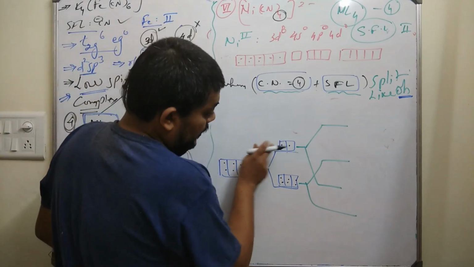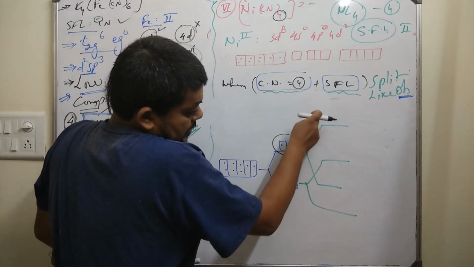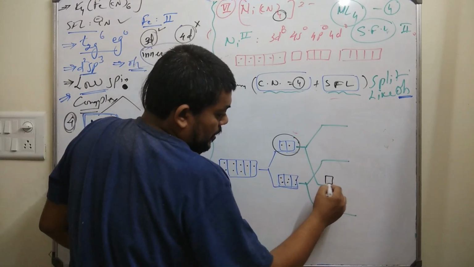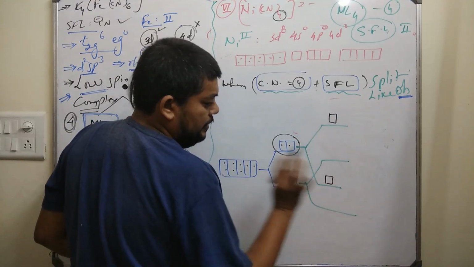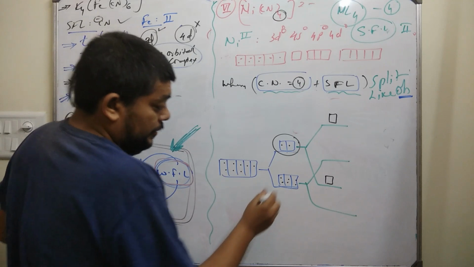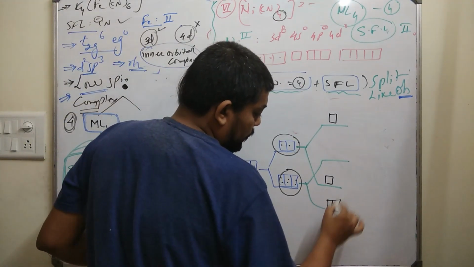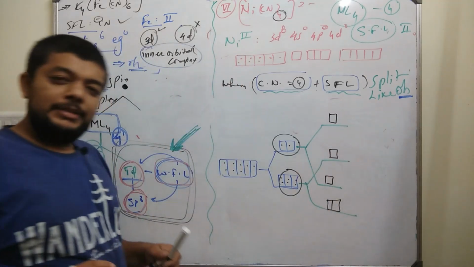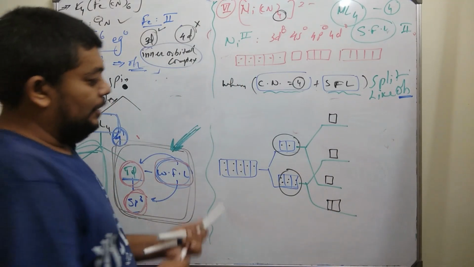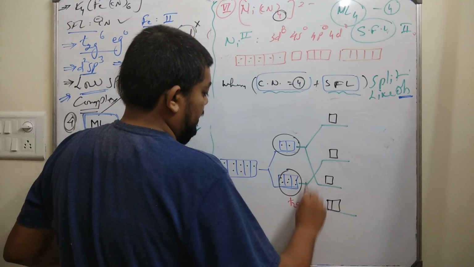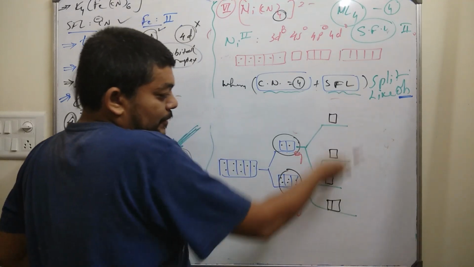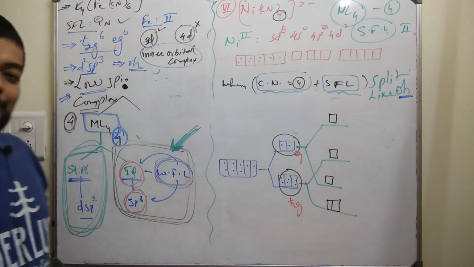Now the two orbitals get split into two energy levels, one energy level, one energy level. Three orbitals get split into two energy levels, two energy levels, one energy level. I have a task for you. I will name these as t2g and eg. I will not name these four. I wish you people to name it.